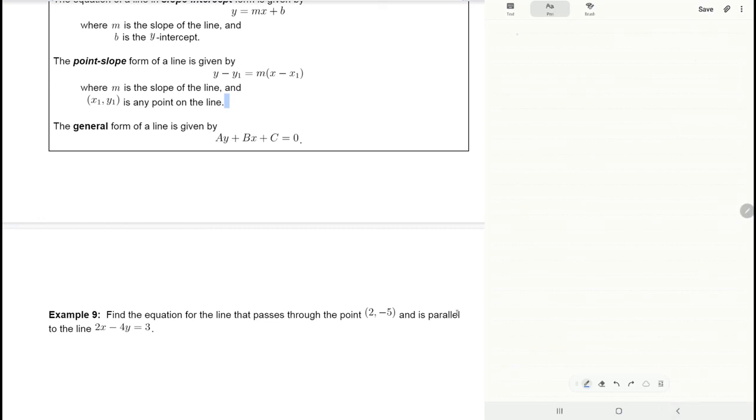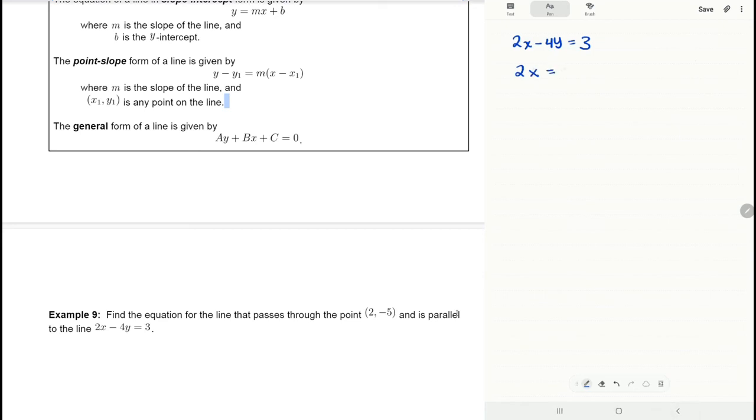All right, so what we have is 2x minus 4y equals 3. If we rearrange the equation of the line so that it is in slope-intercept form, then we should be able to determine the slope of the line. So what we want to do is solve for y in the equation. Here we have 2x minus 4y equals 3. Now let's move the negative 4y to the right-hand side, so we're going to add the 4y.